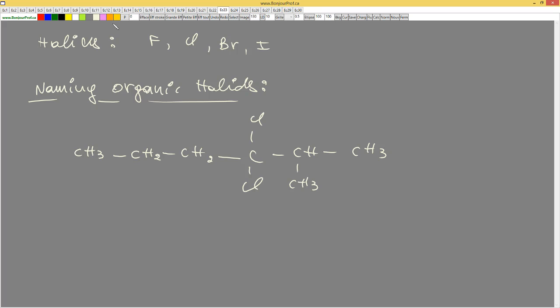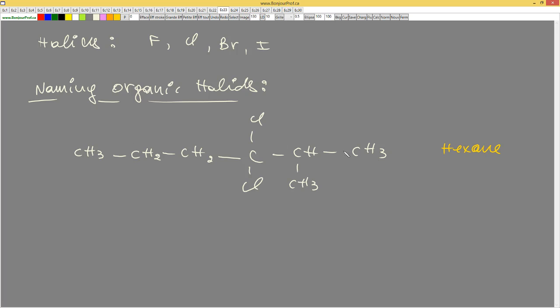Okay, so again, we went through this one here. We take the biggest chain, 1, 2, 3, 4, 5, 6, so it will be hexane, because there is no double bonding, there is no triple bonding, so hexane.